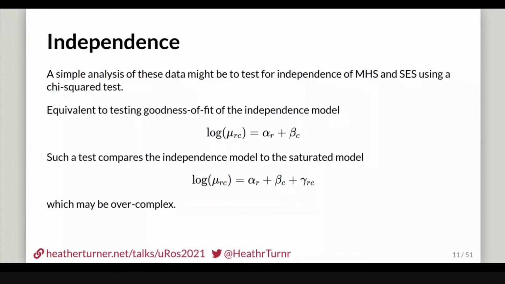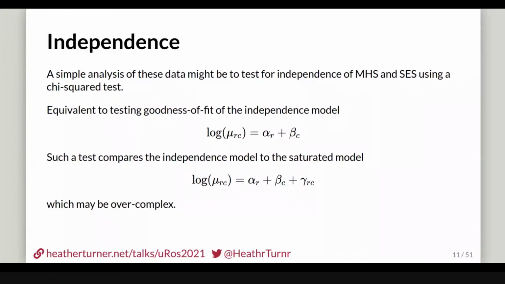So the mental health status and the socioeconomic status are completely independent. We just have additive main effects. If we do such a goodness of fit test, that's essentially comparing this independence model to the saturated model, where we have a full interaction between the two factors, and it's saturated because we end up fitting a separate value for each cell in the contingency table.